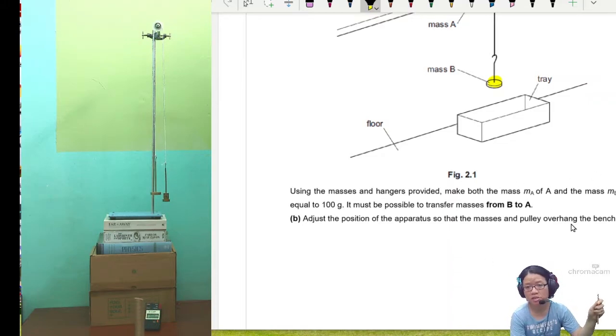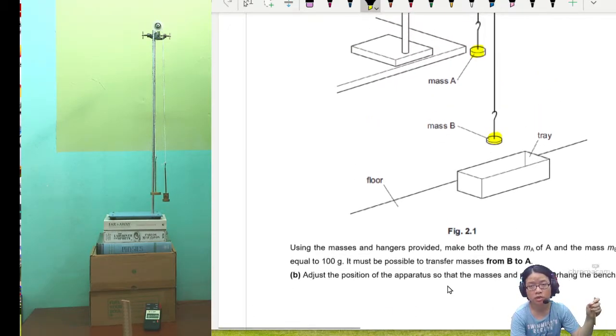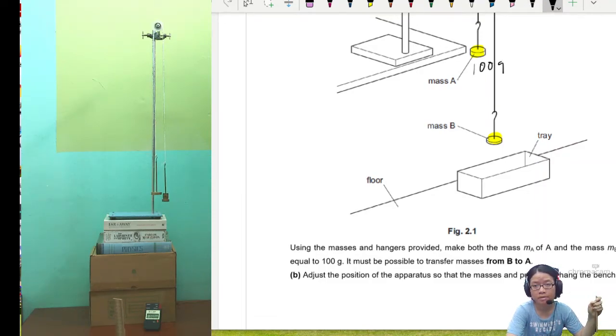Using the mass and the hangers provided, make both MA and MB equal to 100 gram. So what I did here was my MA is the slotted mass, a single slotted mass of 100 gram, and my MB is 50 gram plus 5 times 10 grams.